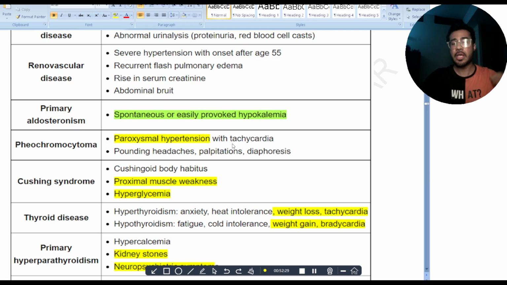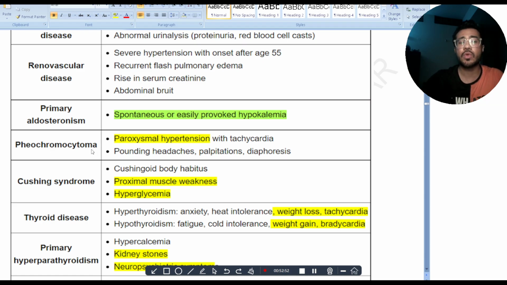So the patient says that he's fine at one moment, and at the other moment he instantly feels his head is hurting and he's got a headache and palpitations, that is tachycardia, because the release of the catecholamines is episodic or intermittent in nature. They don't stay raised all the time, they go up then come down.